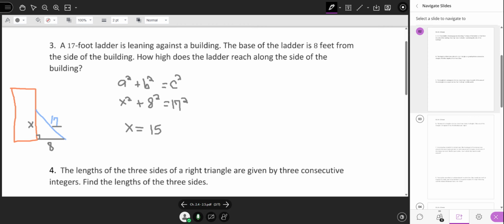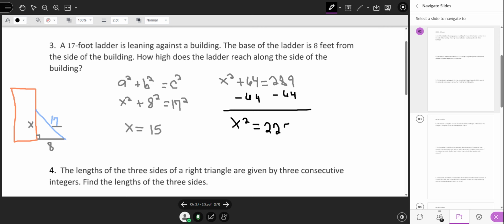Now, if you don't use Desmos, then what you get is x squared plus 64 equals 289, minus 64, and on your factoring handout 225 is for 15.